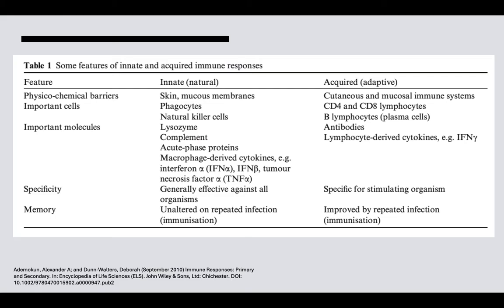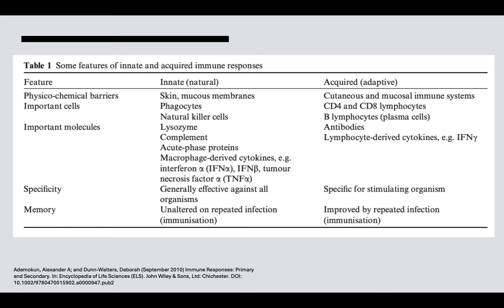So the mechanisms of action carried out by our immune cells and our immune effectors in the innate system are very broad. While in the acquired system, the specificity for the targeted organism or the stimulating organism is expected to be developed, to be fine-tuned.